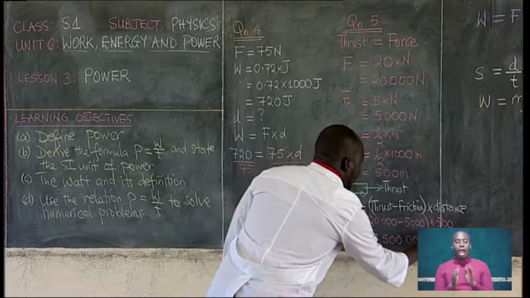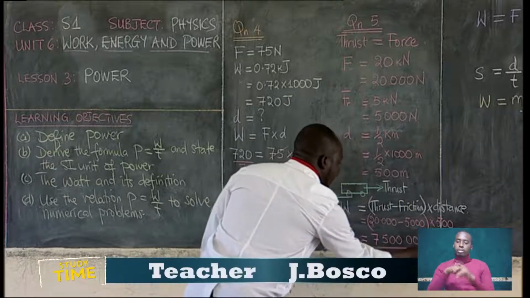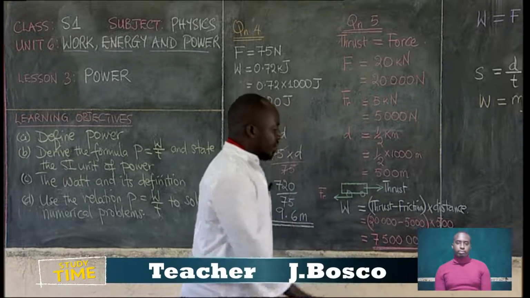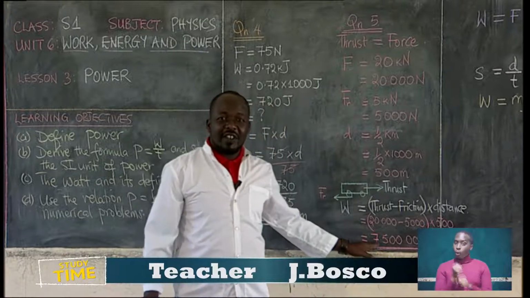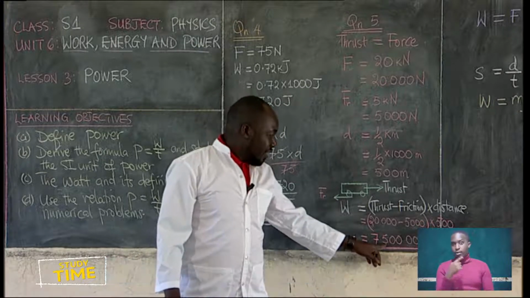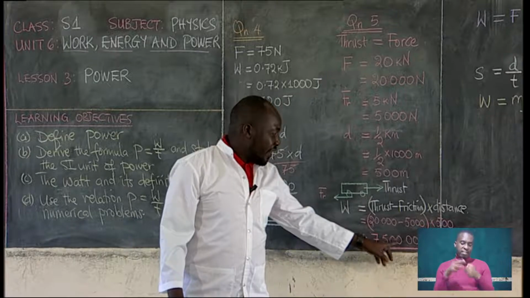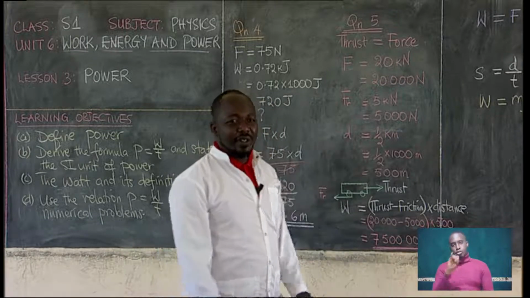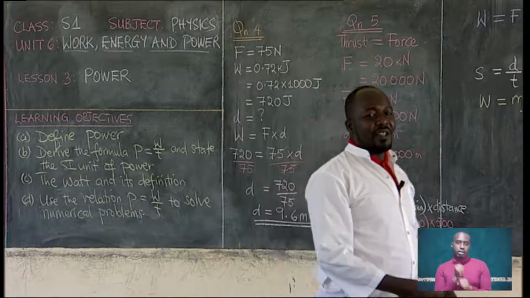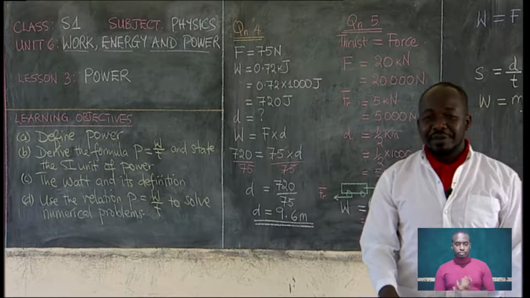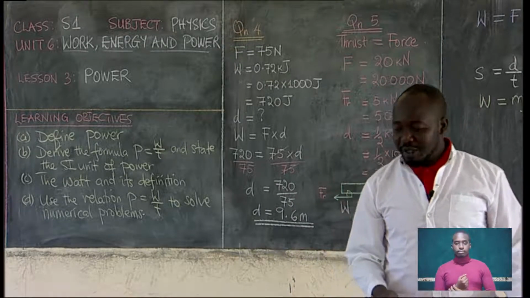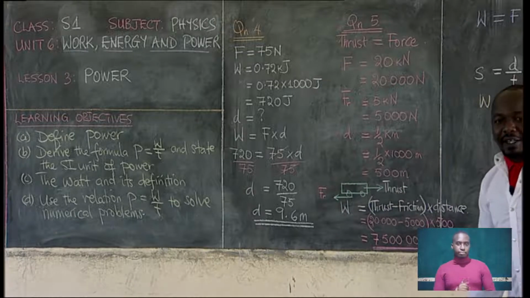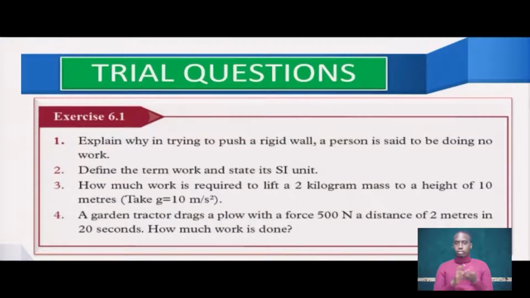And that is work done. Work done must be measured in what? In joules. So it means the work done by that tractor is 7,500,000 joules. That's the work done by the tractor. Okay? That should be easy for you.